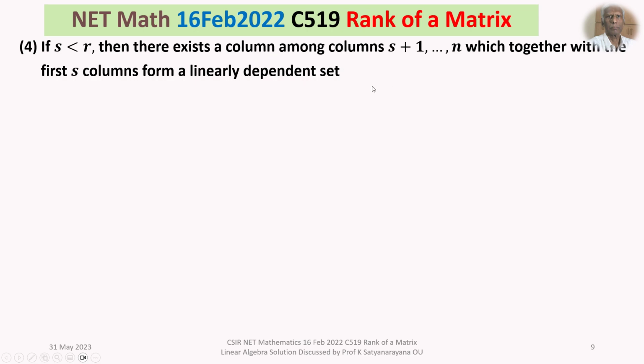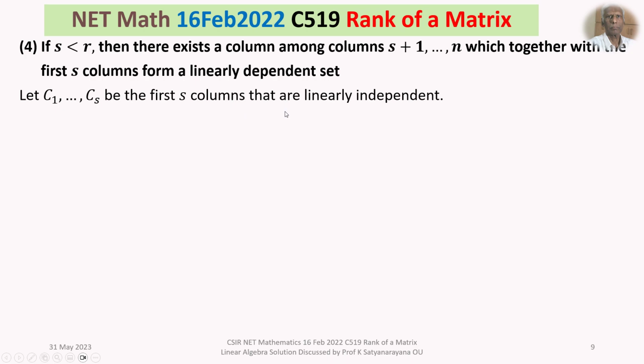Agreed. Now the proof, up to some extent, is the same proof as that we have given in option 3. Let C1, C2, up to Cs be the first S columns that are linearly independent in the matrix A. And it is given S less than R. Let S be less than R.